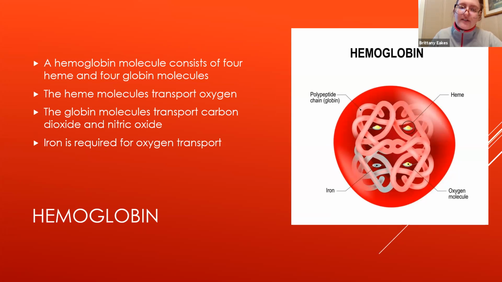Iron is required for oxygen transport. That's what comes into play when people suffer from anemia, iron has to be in the blood. People with an iron deficiency will have blood disorders and usually some complications arise from that, and that goes down to the hemoglobin.